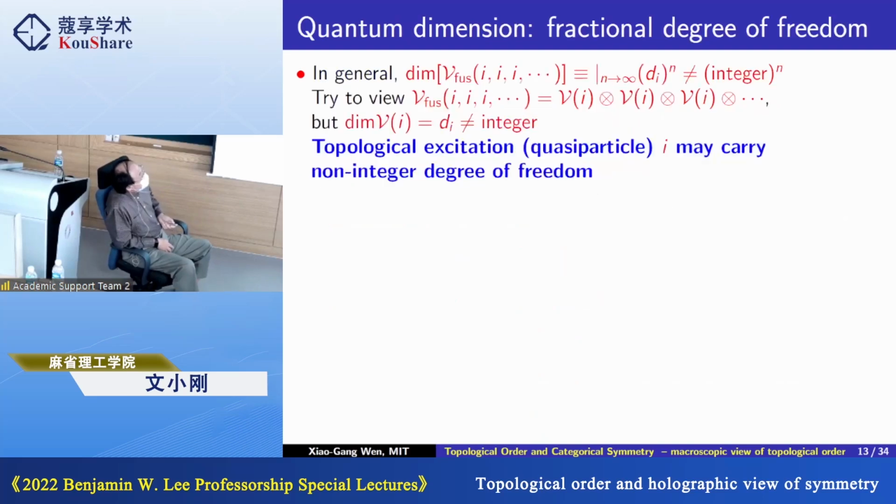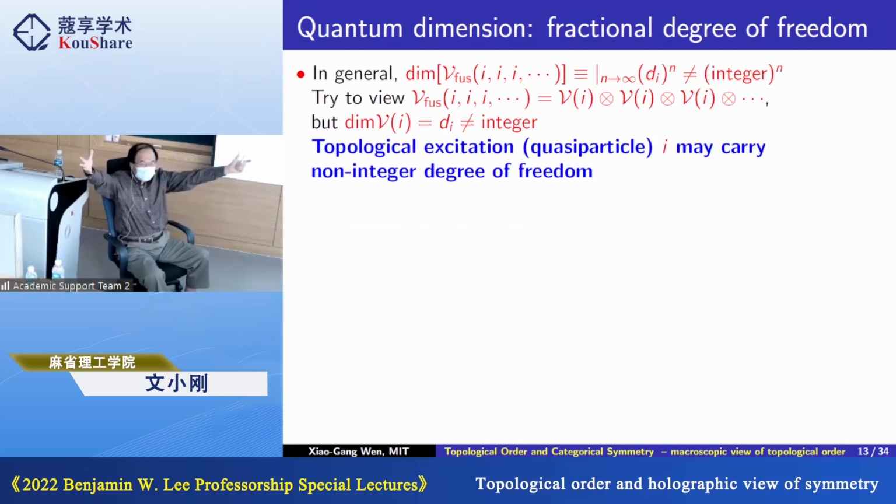But amazingly, how do you compute the quantum dimension? To compute the quantum dimension, let's consider a sphere with a lot of identical excitations, a lot of them.